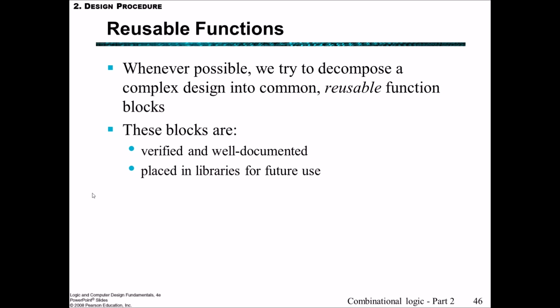As a general rule, you've got to make sure that those blocks are verified, well understood, and well documented so that future you feels very proud of present you for making the block so easy to understand and also able to be remembered because of the documentation. And then you would put them in libraries for future use. And this, of course, is a good engineering principle to have.